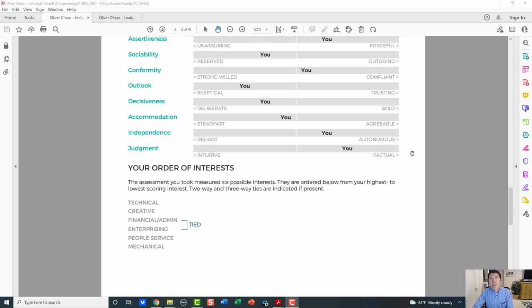The interests, as I mentioned before, will be rank ordered based on the responses that the leader makes to the questions asked. And you'll see that they'll come into this lineup, as you can observe here, that this leader in this sample report prefers technical, creative, and then tied for third is financial admin and enterprising. Leaders tend to be enterprising.